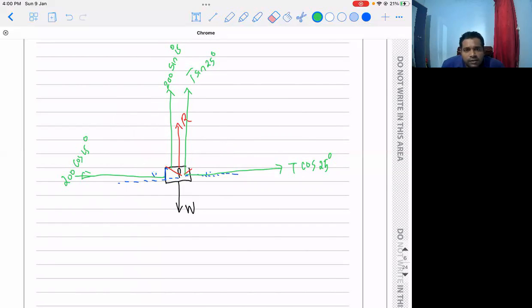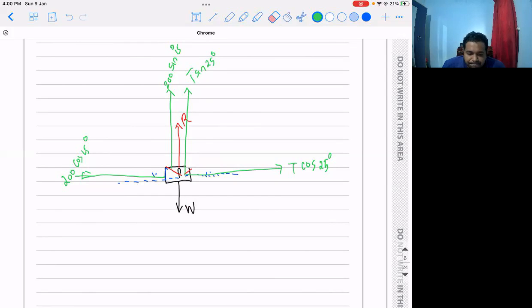And now we resolve this part. Okay, well, now what is remaining? Yes, we forgot to mark the friction.